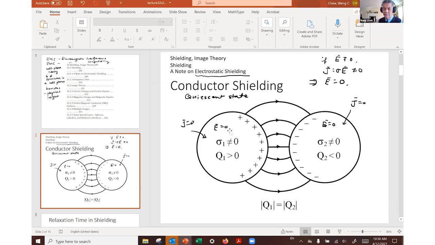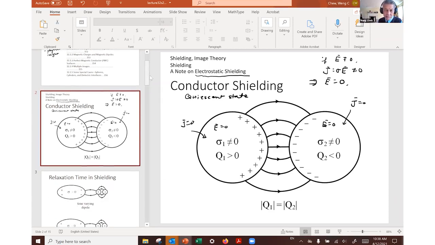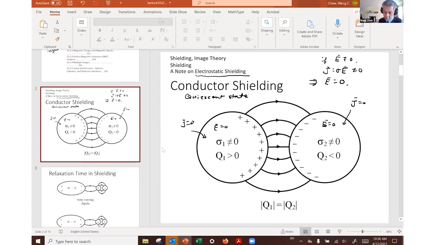That is called electrostatic conductor shielding, and you can understand the physics quite well. So you don't need a perfect electric conductor, okay? So no PEC for electrostatic shielding. You just need the conductor. You just need the fact that sigma is larger than 0. That is good enough to produce shielding.